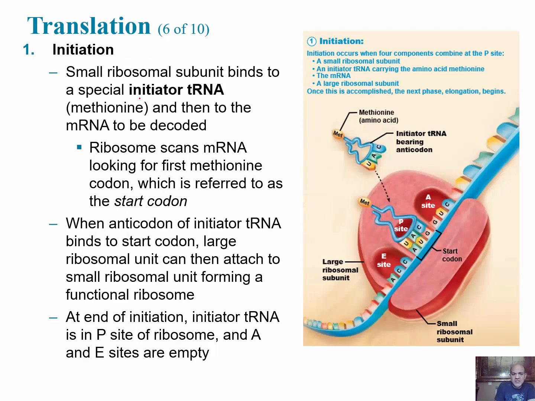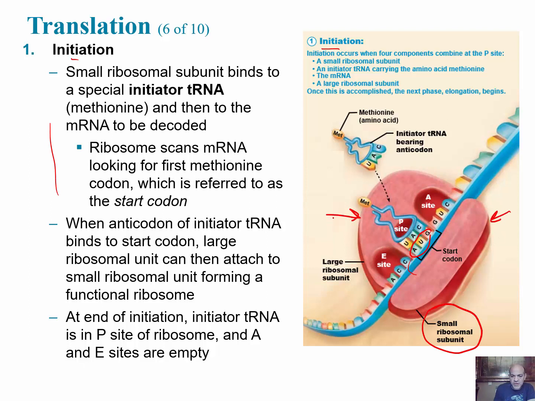Initiation is going to happen here, and I'm just going to go ahead and describe it. You can read about it here, but let's take a look at what's happening. The initiation is going to happen when we get our start codon, which is AUG, and you're going to get your small ribosomal subunit. This one is actually smaller, and this one's supposed to be larger.